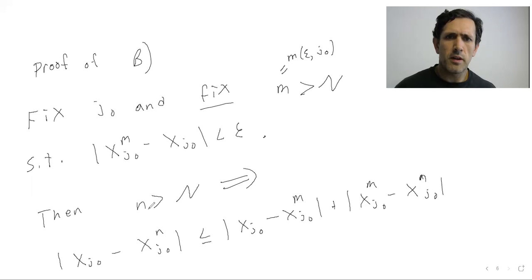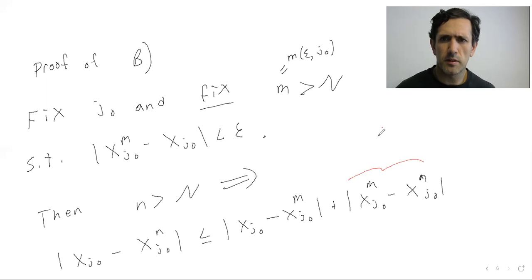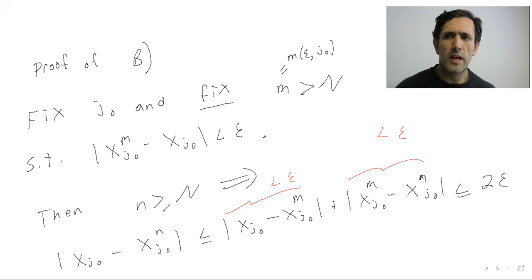Well, m and n are both bigger than big N, so certainly this is less than epsilon. And m is bigger than big N, so this is less than epsilon. So this is less than 2 epsilon. Okay, so that J0 is arbitrary.